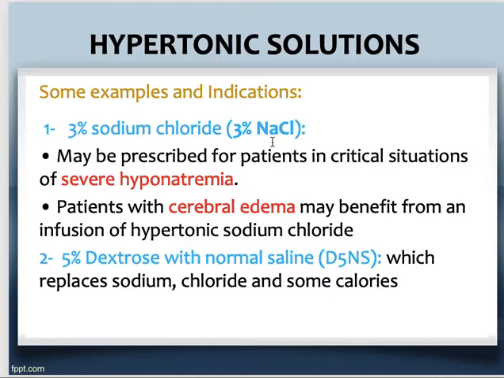This solution will have a lot of sodium, so we can give this one. A patient with cerebral edema, when we give them hypertonic solutions, it is going to take the water outside from the cell. Or for example, if you mix 5% dextrose in normal saline, of course it is going to make it a hypertonic solution, right?